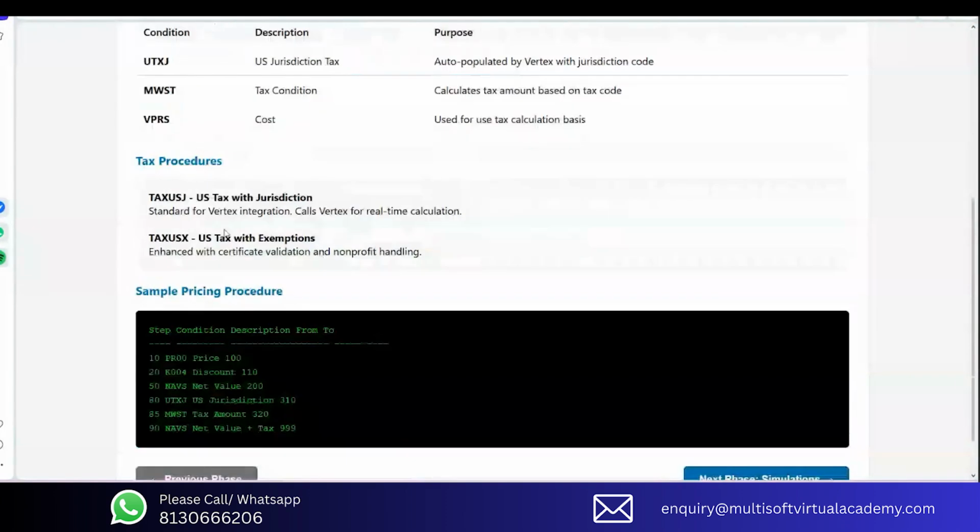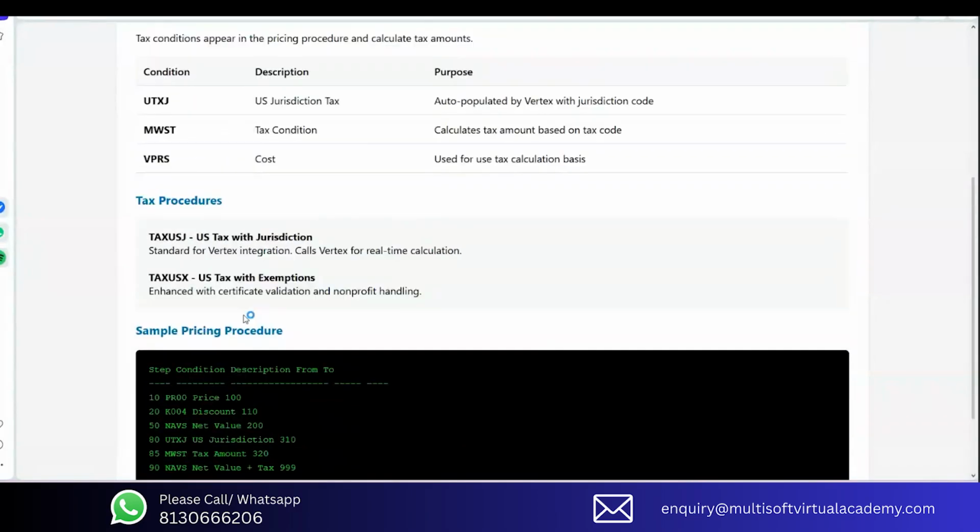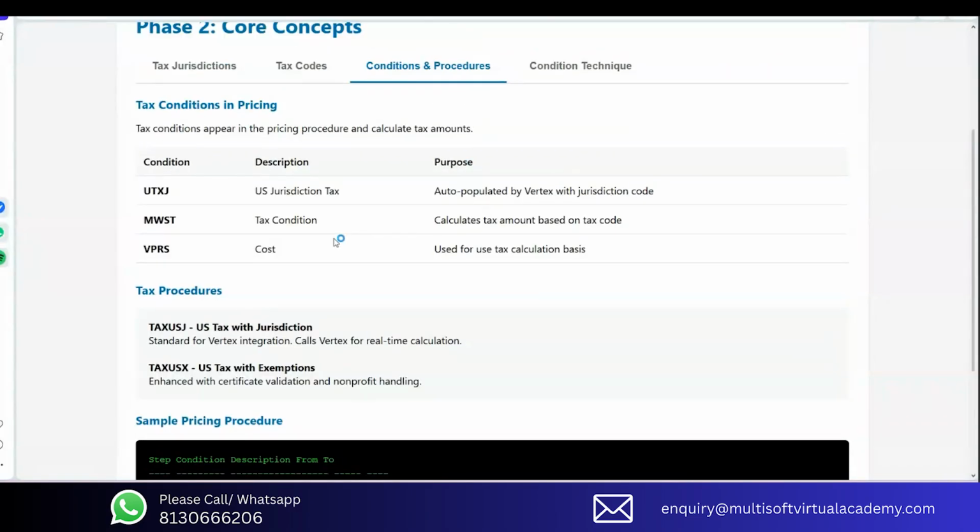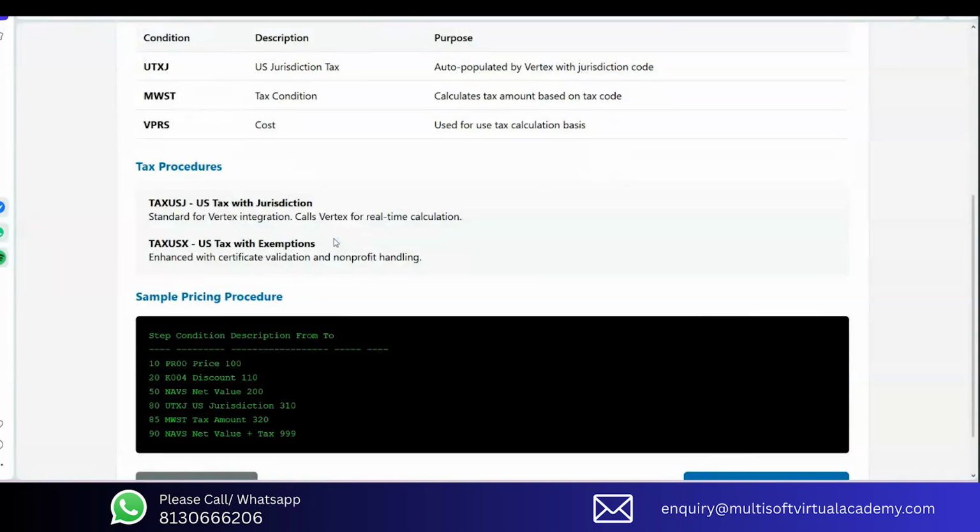Now, if you come to tax procedures, tax USJ is nothing but the Vertex integration actually. Tax US is a kind of exemption. See, this entire condition procedure we need to configure in SAP for the data to be picked up correctly.